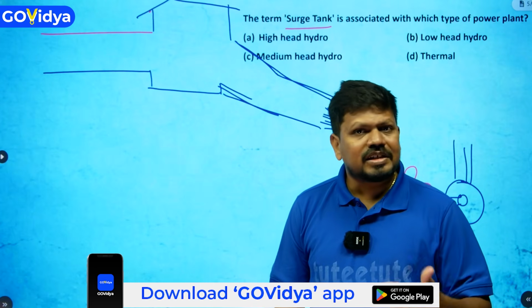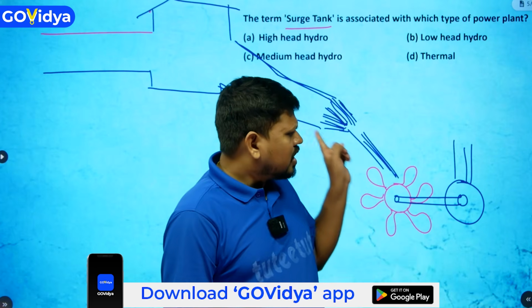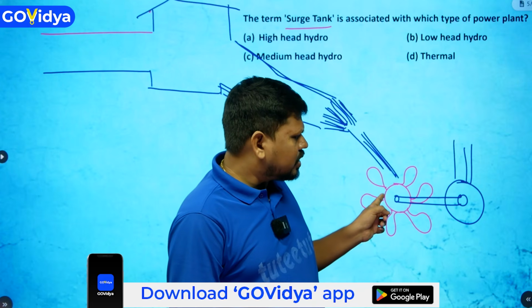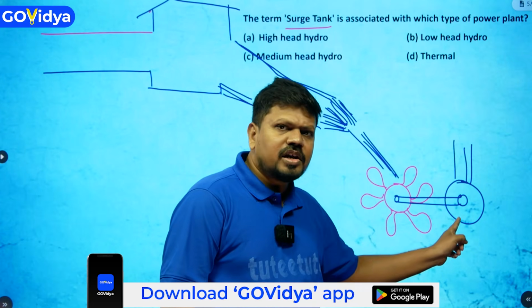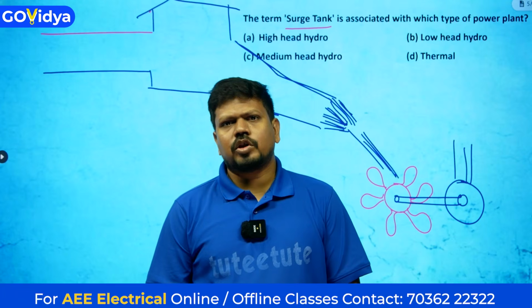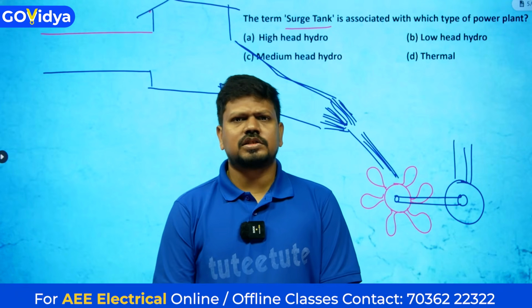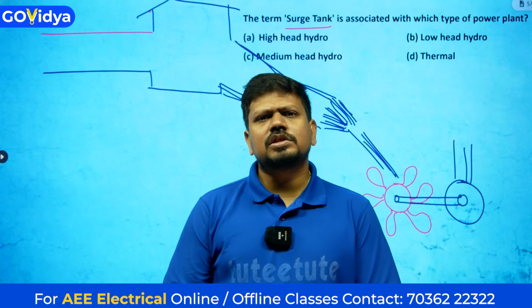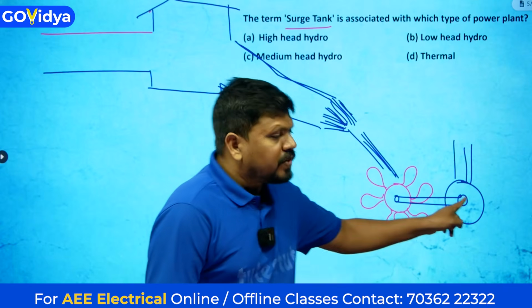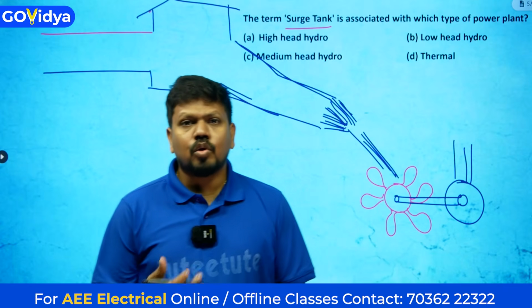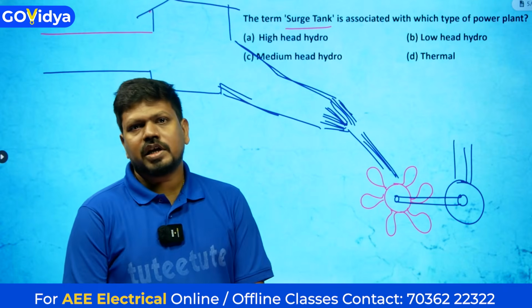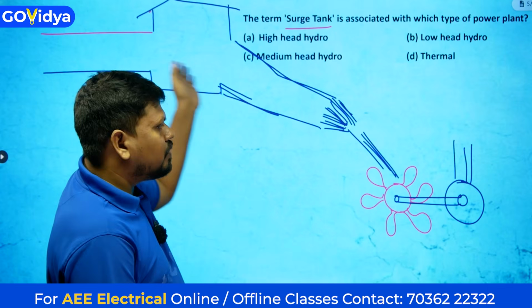We may not get an immediate response. So what happens to the synchronous generator? It may lose synchronism within that short time. 1 or 2 minutes is a very short time for the synchronous generator and a very long time for the water. When you release the water, it will not come immediately.